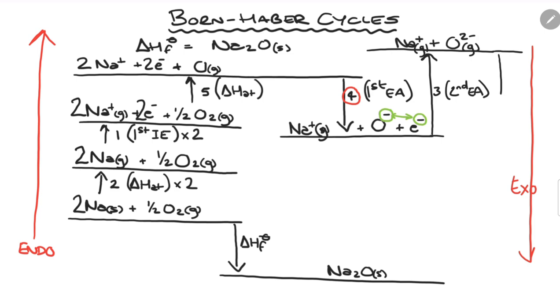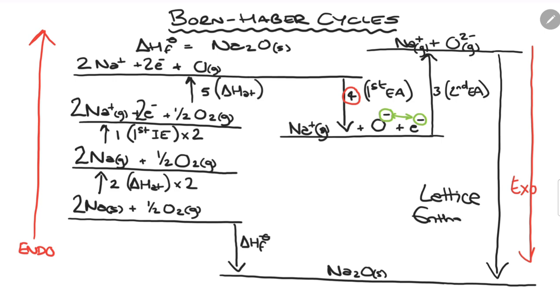And then the step which we didn't discuss in the previous clip is the one which completes this cycle together. And this is generally the largest step of this process, and this is what will be defined as the lattice enthalpy.